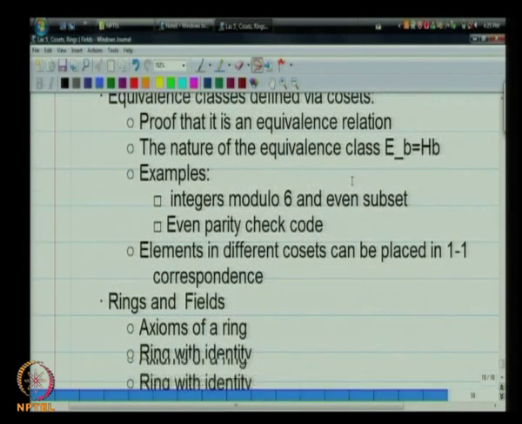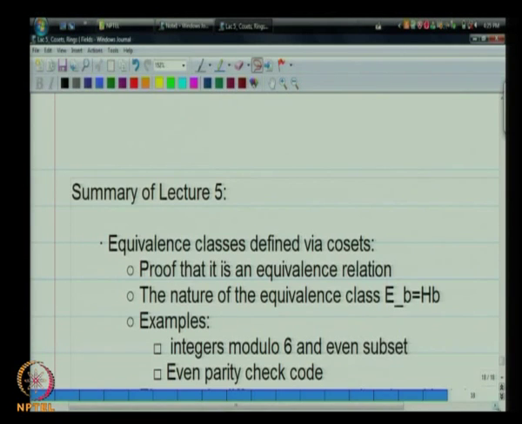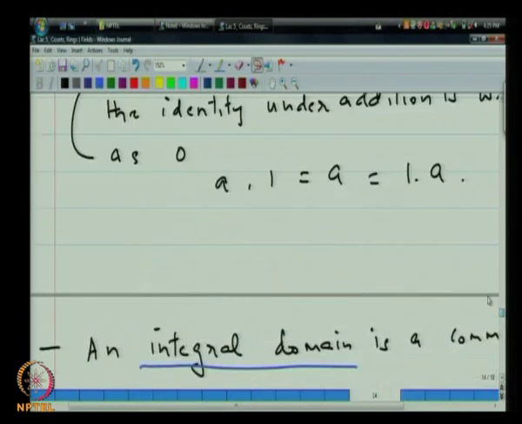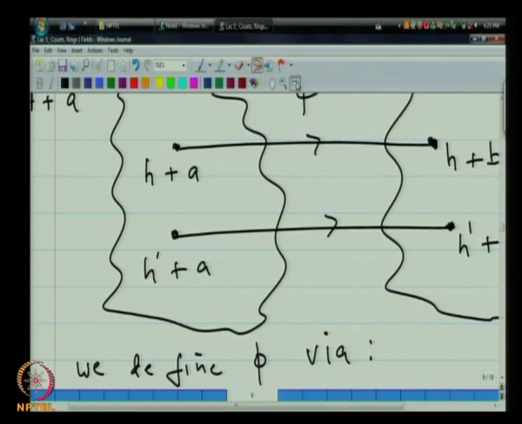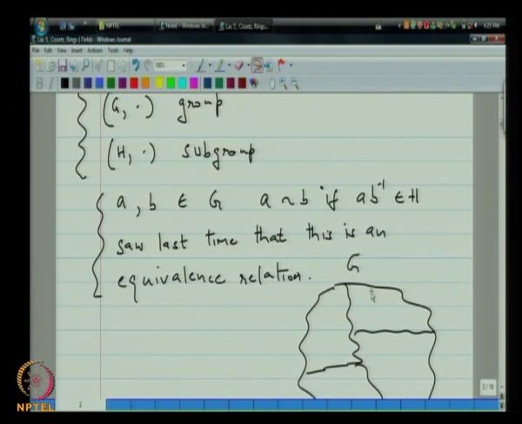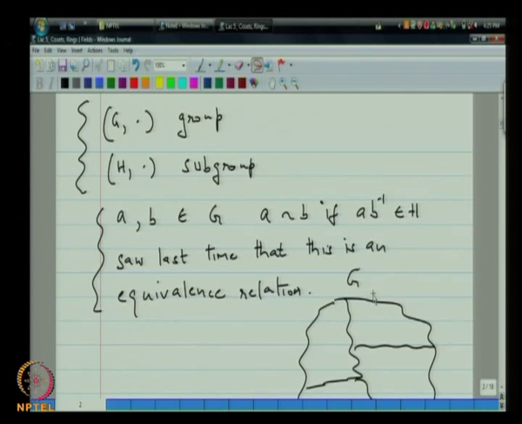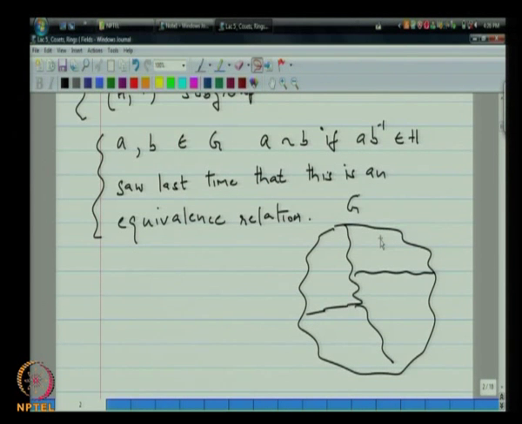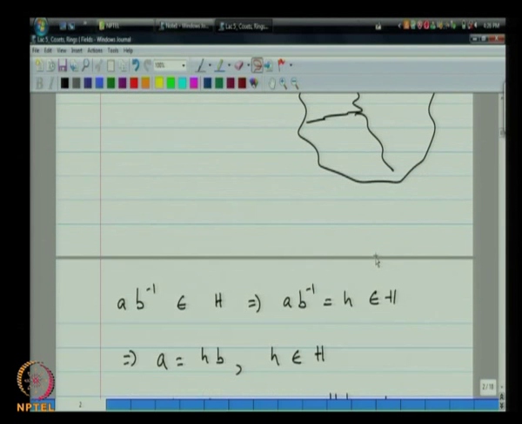Let me take the discussion back to the equivalence classes that arose from a subgroup. In the example that we looked at last time, the relation arises in this way. You have a group, you have a subgroup, and A and B are declared to be equivalent if A times B inverse belongs to the subgroup, and we saw that this is an equivalence relation.